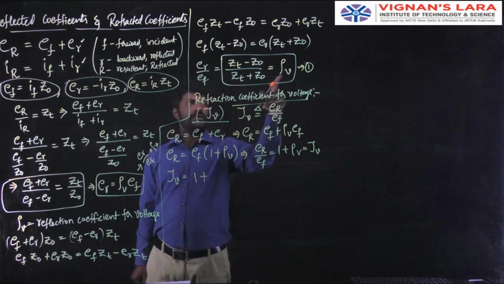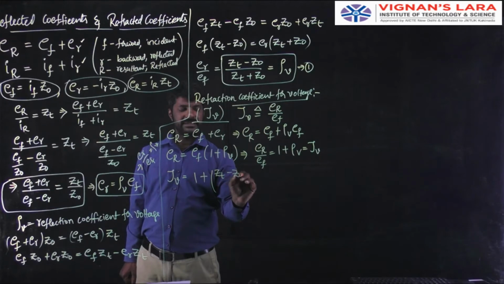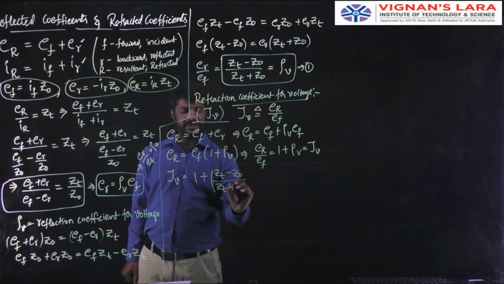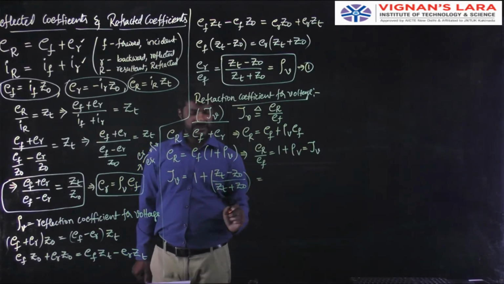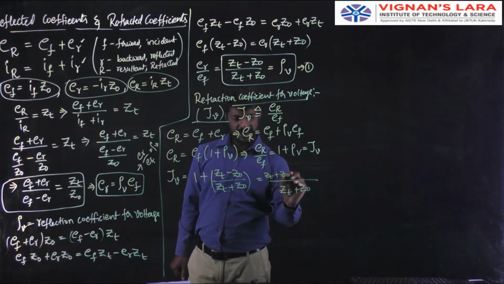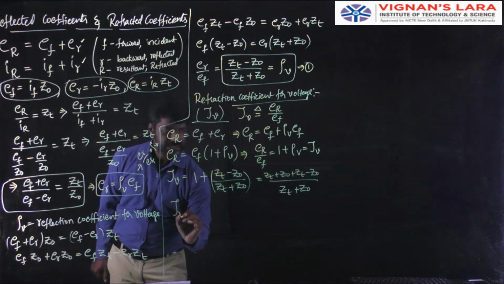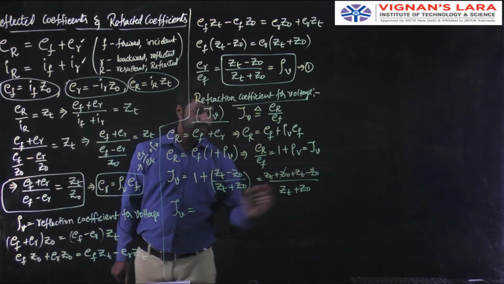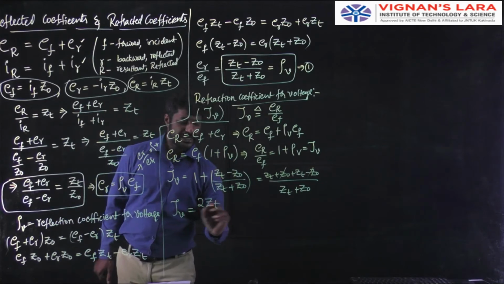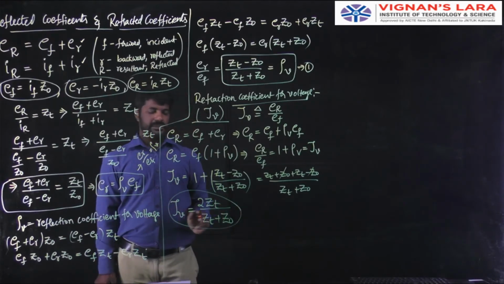It is ZT minus Z0 by ZT plus Z0. Simplifying this, taking the LCM, ZT plus Z0, this is ZT plus Z0 plus ZT minus Z0. Yes, the Z0 terms cancel, and we can write this as 2 ZT by ZT plus Z0. Very important. This is equation 2.